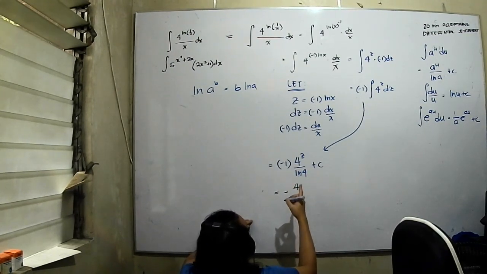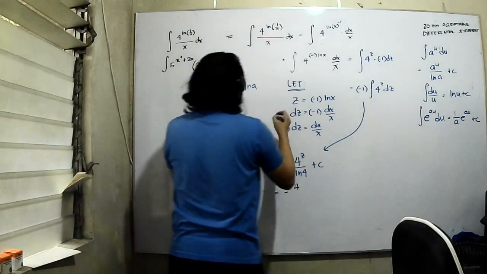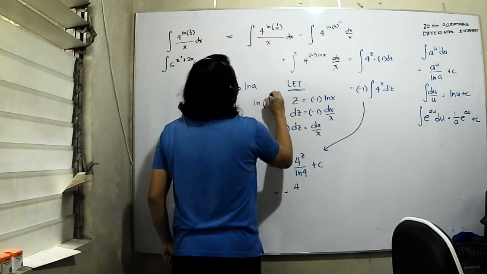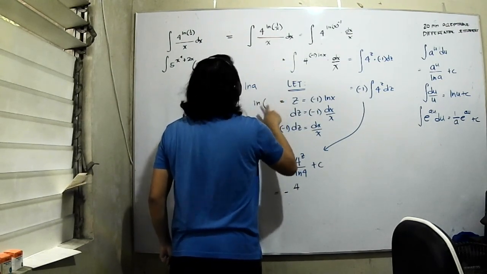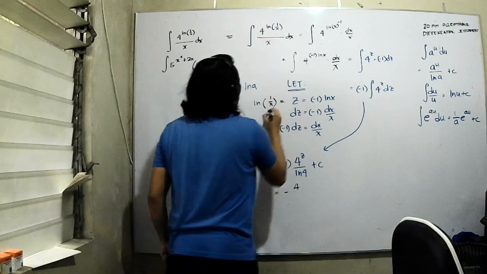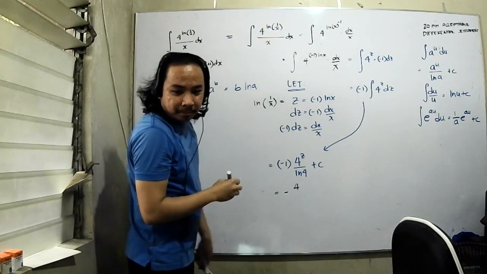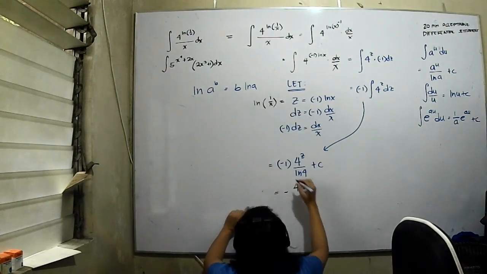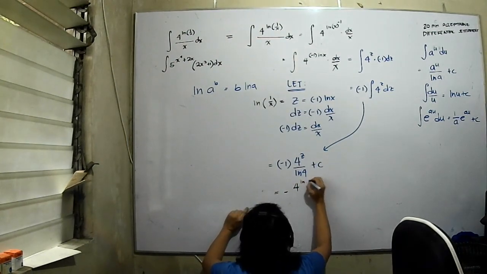But we can also say ln of 1 over x. Sakto man. So z is equal to ln 1 over x.